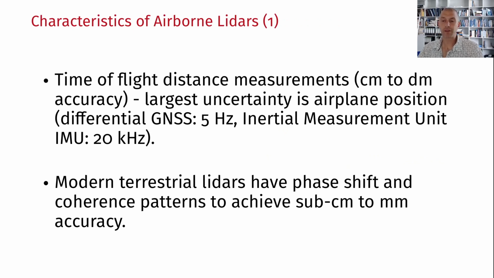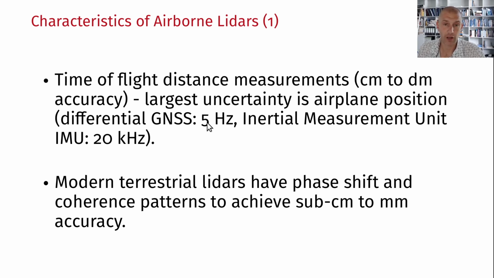A couple of comments here. The time of flight distance measurement usually has centimeter to decimeter accuracy. And the largest uncertainty is the airplane position itself. It is not the laser timing measurements. That usually is fairly precise, but the location of the airplane needs to be known to turn it into a continuous data set. And there, the problem often is that the GNSS measurements, or the GPS measurements, have a lower sampling frequency.